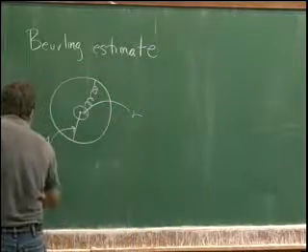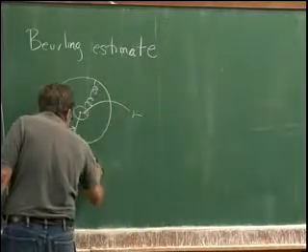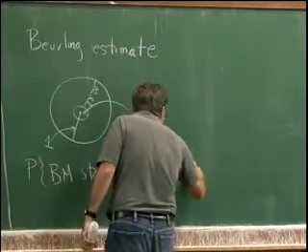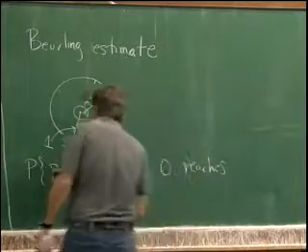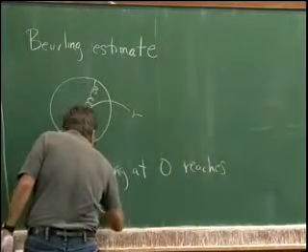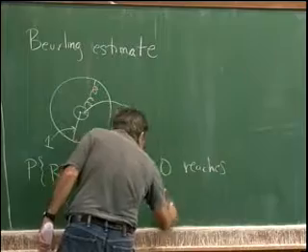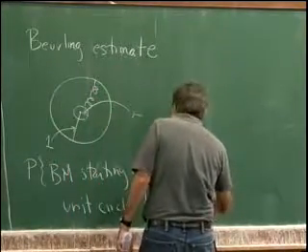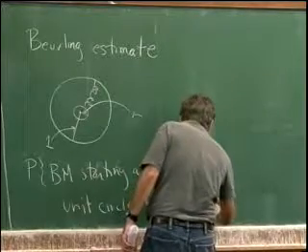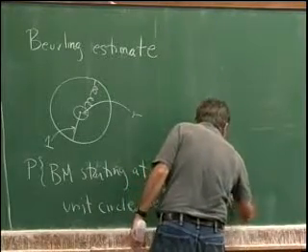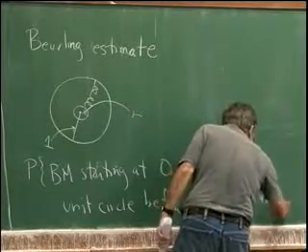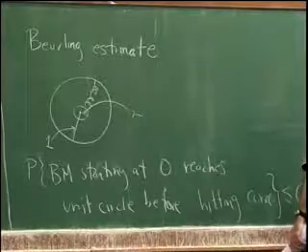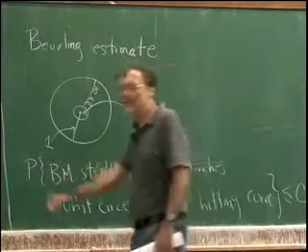And the probability Brownian motion starting at 0 reaches the unit circle before hitting the curve is less than or equal to a constant times r to the 1/2, some absolute constant.